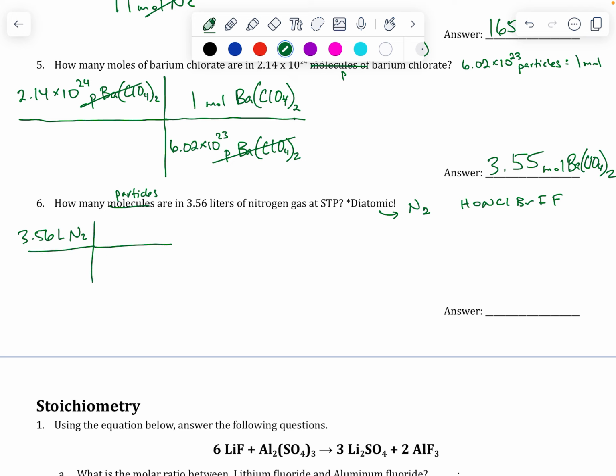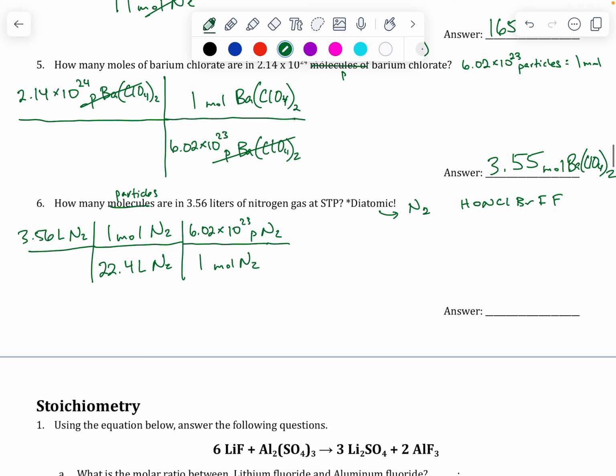And we end up needing to convert to moles, as we tend to do if we need to go to different units. We know that 22.4 liters of anything are equal to 1 mole at STP. And then since I'm in moles, now I can take moles and convert that to particles, which I know my conversion for that is Avogadro's number.